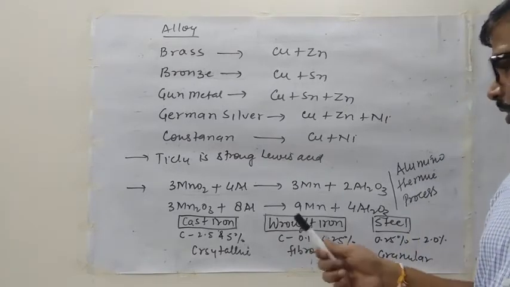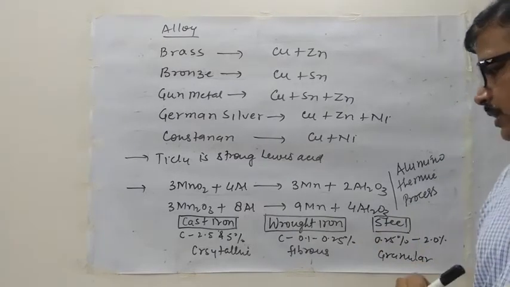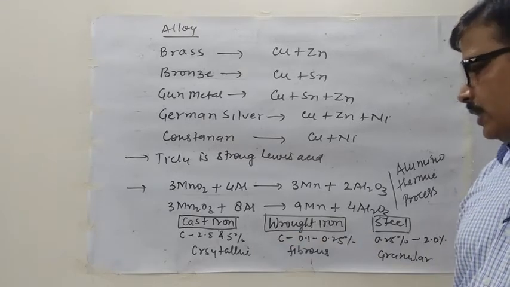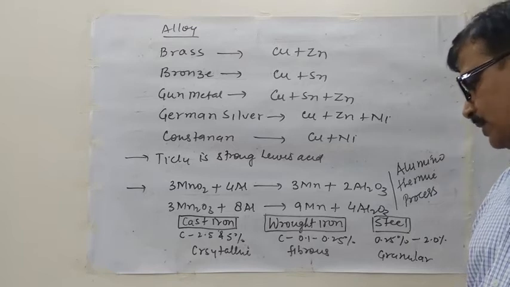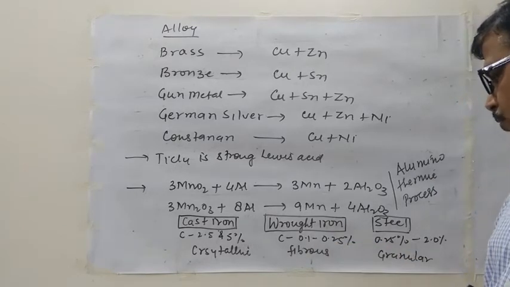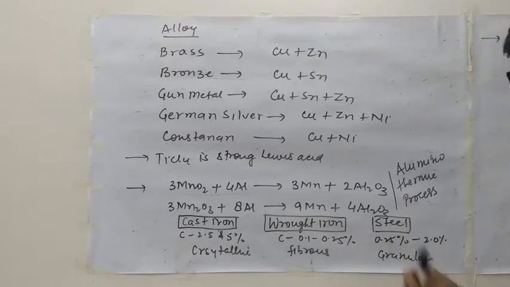Cast iron, wrought iron and steel are divided on the basis of the percentage of carbon. Cast iron has 2.5 to 5%, wrought iron has 0.1 to 0.25%, and steel has 0.25 to 2%.